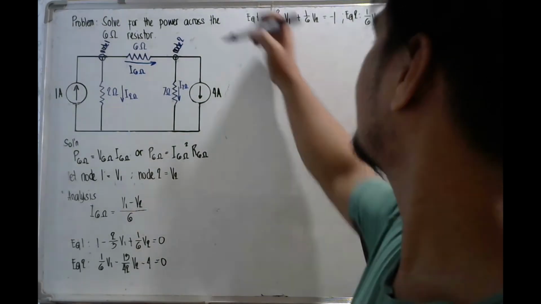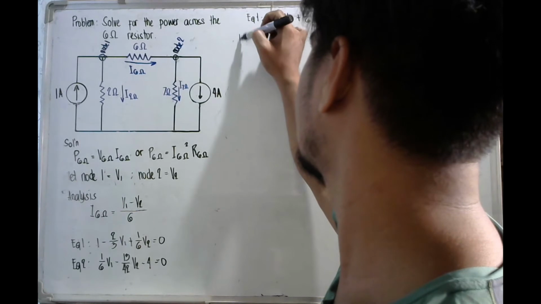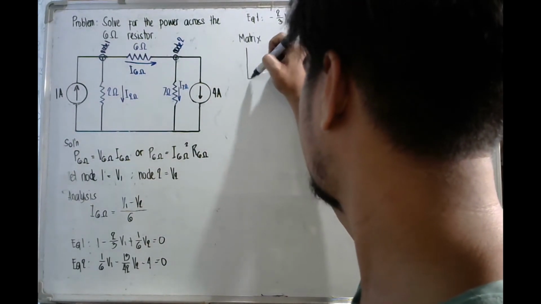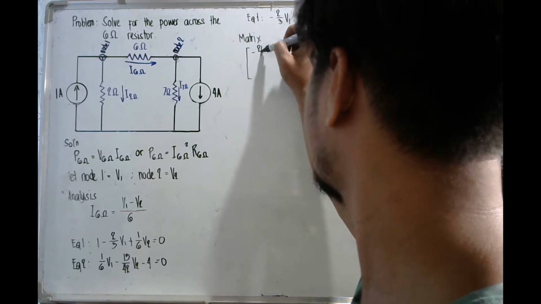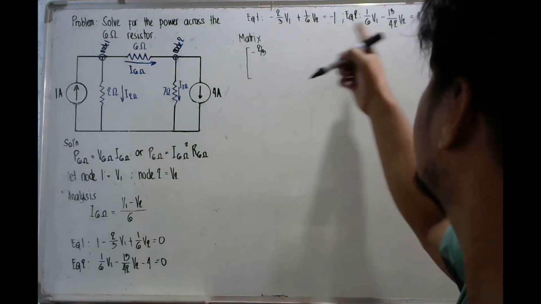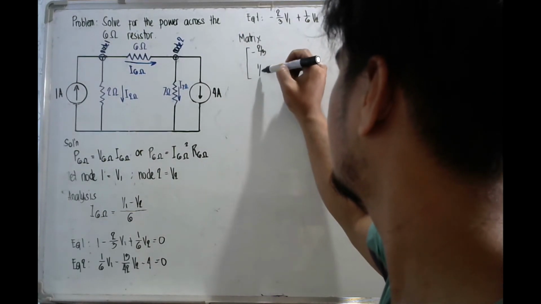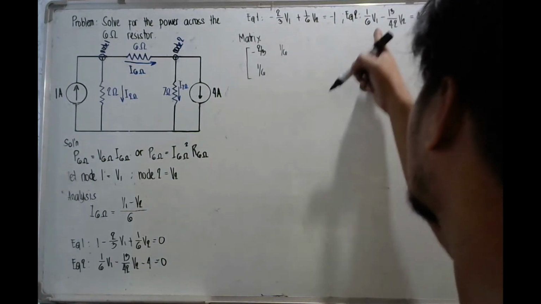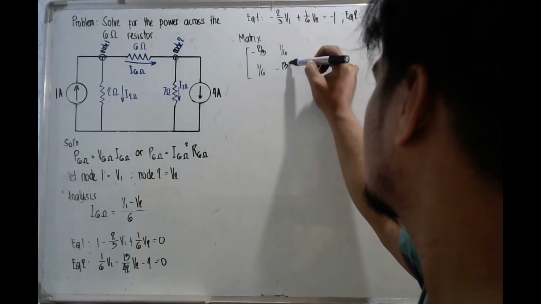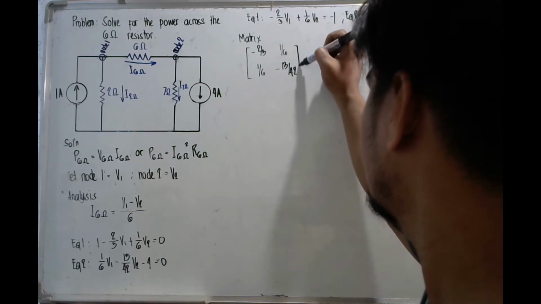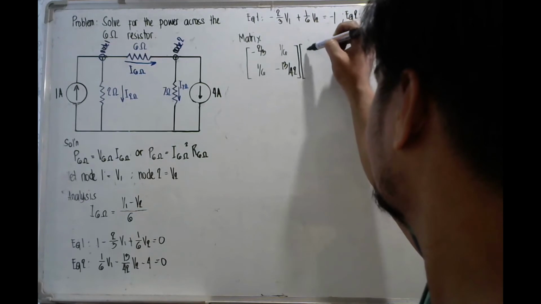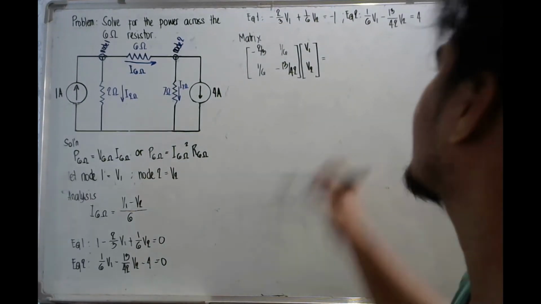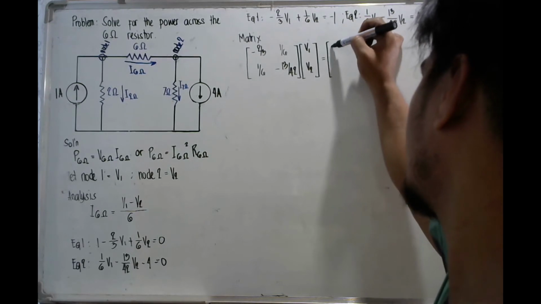Solving it by Cramer's rule, first let's make a matrix. You have the V1 column values of negative 2/3 and 1/6, then 1/6 and negative 13 over 42, multiplied by your unknowns V1 and V2, is equal to the constant values, negative 1 and 4.